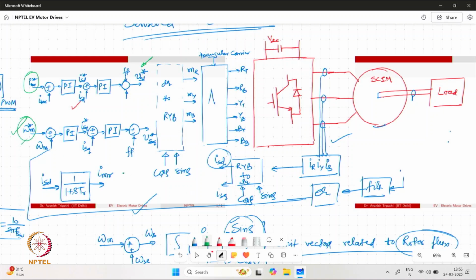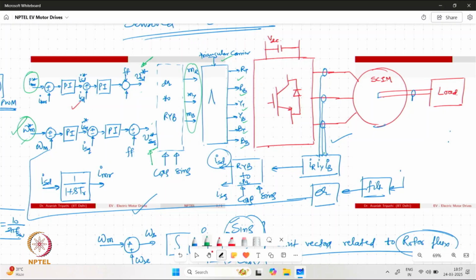The omega speed loop is basically operating to generate the VSQ star reference voltage for the system. Eventually, these D and Q axis reference voltages are required to be converted to three-phase modulating signals, which are compared with the triangular carrier, and we have the PWM signals generated for different devices.